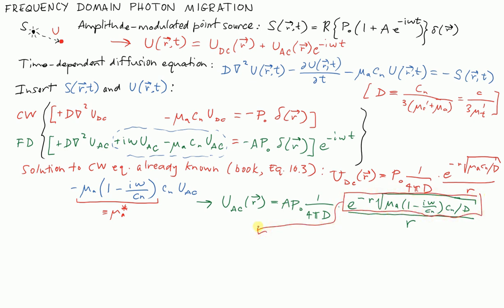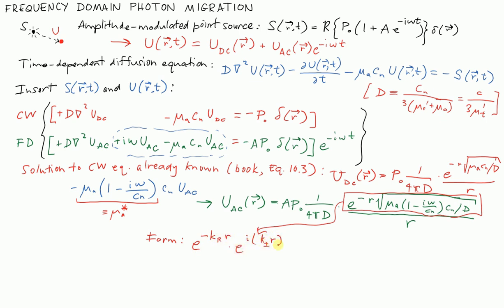So you'll notice what form it has. The form of that exponential, it's e to the minus r times a complex number. Whatever you do when you take the square root of this interior complex number, you get another complex number. So it's going to have the form, this exponential does, of e to the minus what I'll call k real times r times e to the I, what I'll call k imaginary times r.